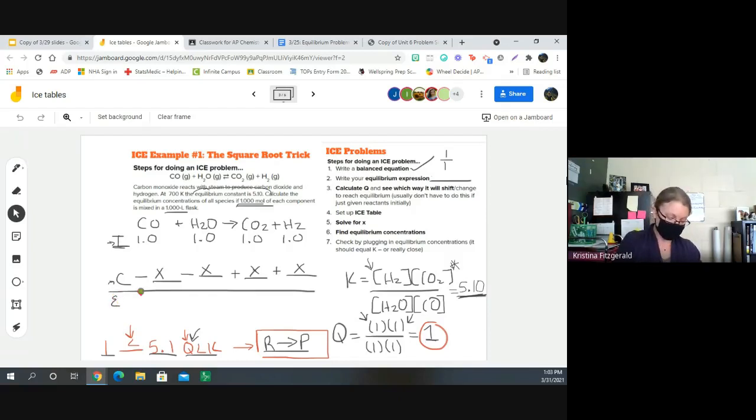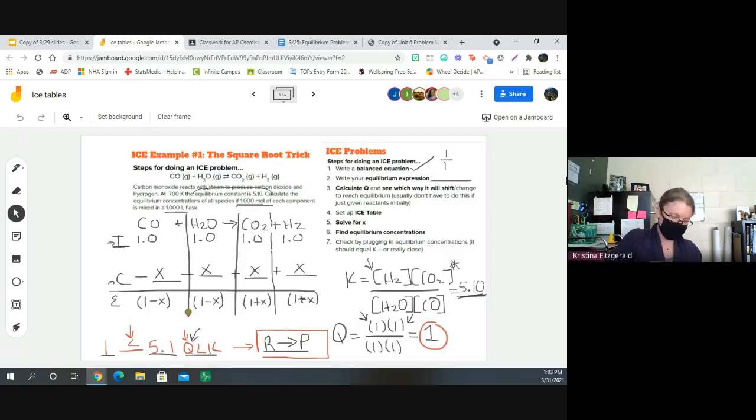So if I started with 1 molar concentration of the stuff, I take away the stuff that reacted for this one, and I take away the stuff that reacted for the water. And then here I'm going to add some products, and here I'm going to add some products. I'm going to need to make more space. I'm going to put little columns here because that helps me.